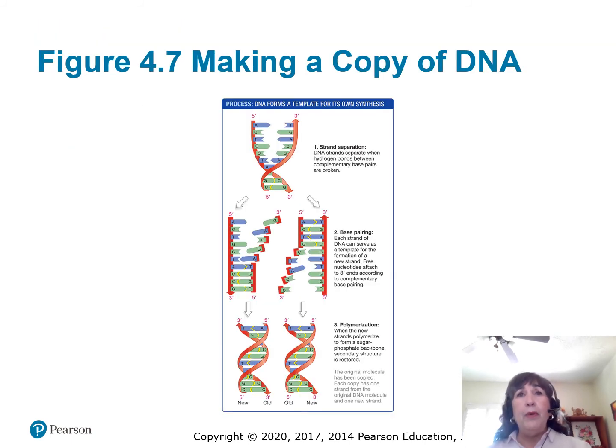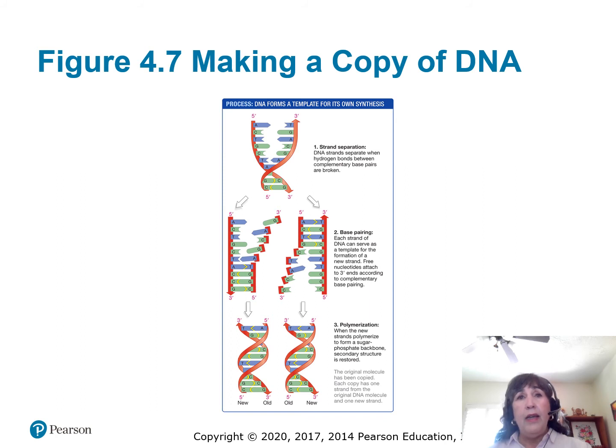In this example here, we see the three steps. Notice in the first step, DNA is unwinding and the hydrogen bonds are being broken. Then one strand becomes the template strand and the other one is a complementary strand. So the old strands become the template strands, and we can see new strands being built because of complementary base pairing.